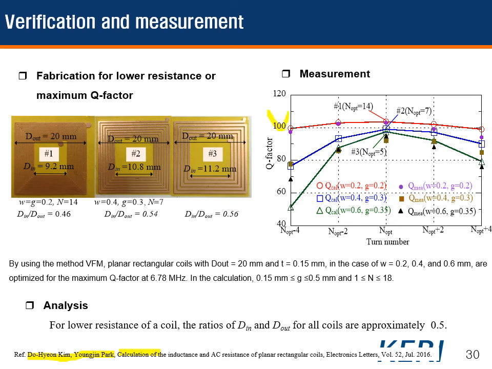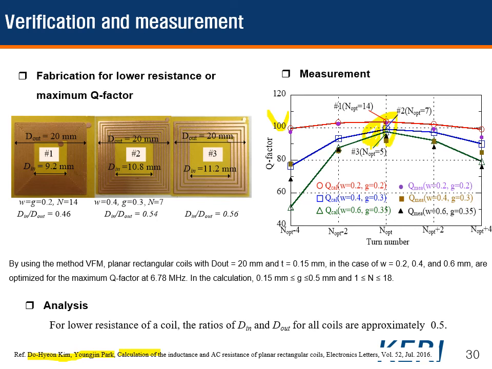This graph shows the Q factor of coils which are calculated by using measured resistance and inductance. As you can see, the calculations are in good agreement with the measurement. Also, the optimized coils have the highest Q factors.